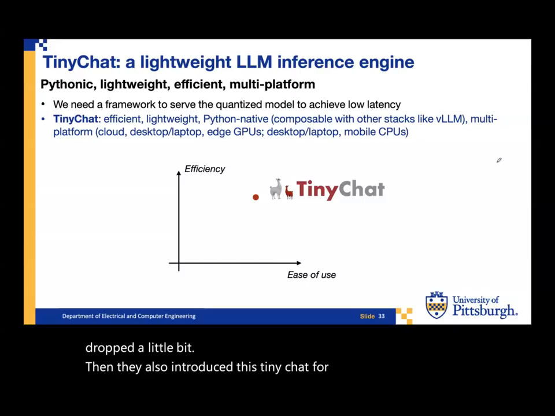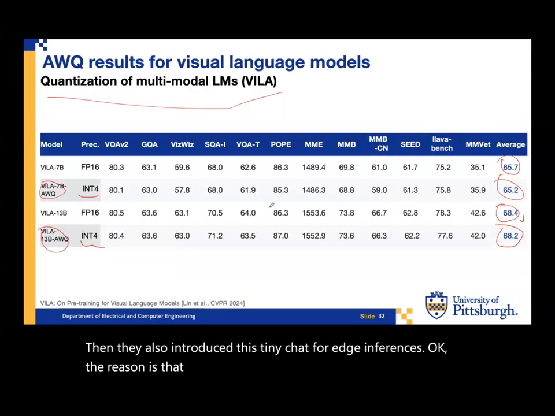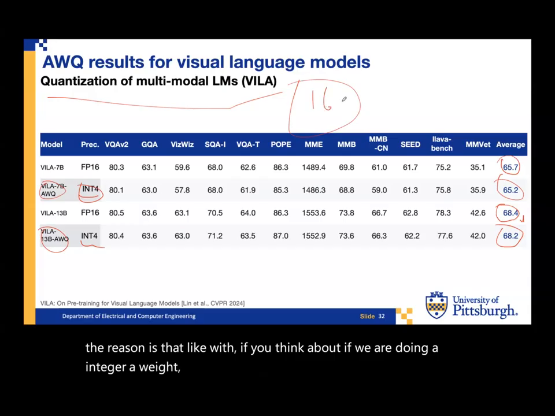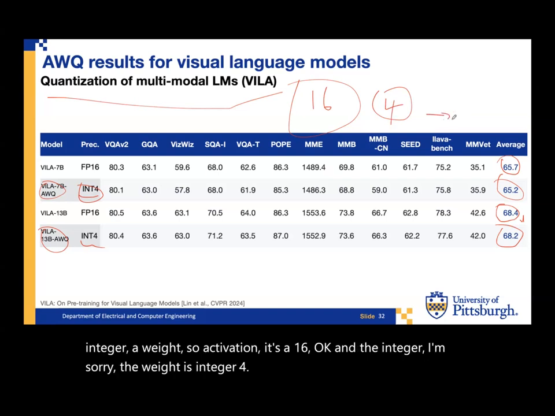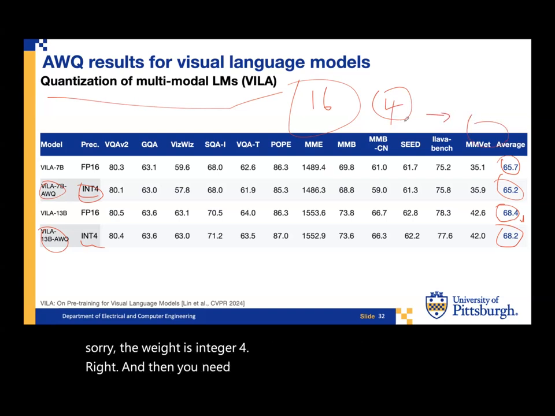The reason is that if you think about it, we are doing integer weights, so activation is 16, okay? And the weight is integer 4, right? And then you need to do this.